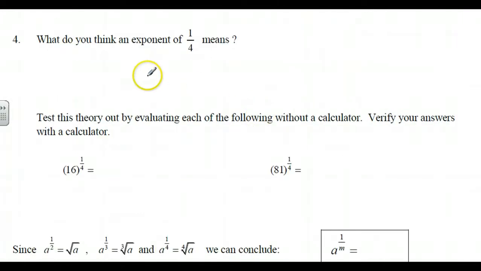So what do you think an exponent of 1/4 means? Well, I would say that x to the 1/4 is the 4th root of x, right? Index of 4. So the 4th root of 16 should be 2, and the 4th root of 81 should be 3.